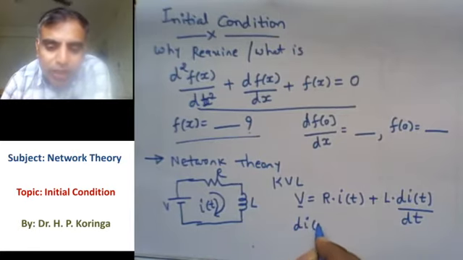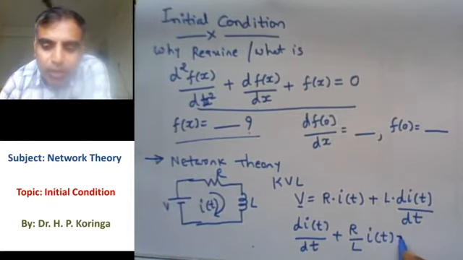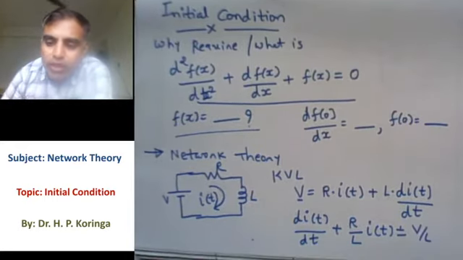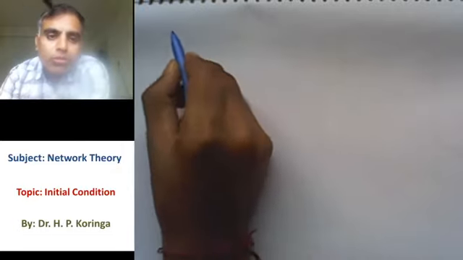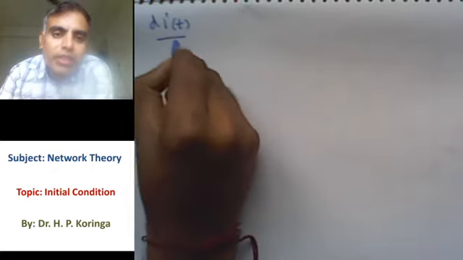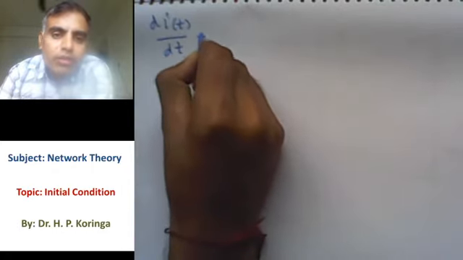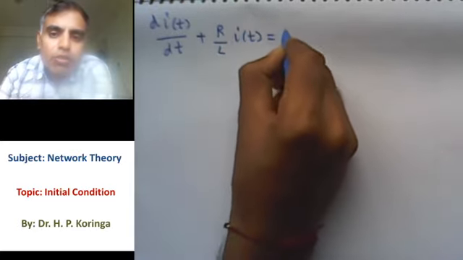Let me divide by L, so it is di of t divided by dt plus R upon L I of t is equal to V upon L. To solve this differential equation we require one initial condition, otherwise it is not possible to solve, right?